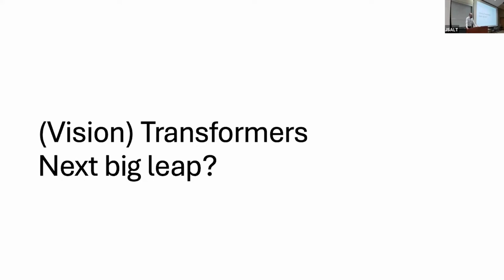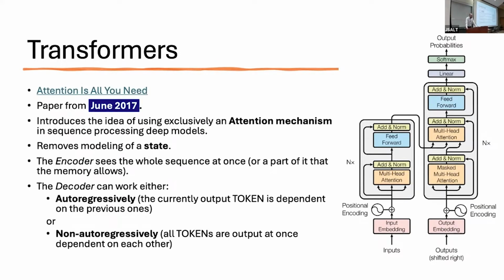Okay, and what about the next big leap? So transformers came in 2017. Attention is all you need. And we all know this paper, or many of us know, and the ones who don't know definitely read the paper because, you know, I used to say it was just a few years ago, and today I look at the date and it's 7 years, so it's not that few years ago.